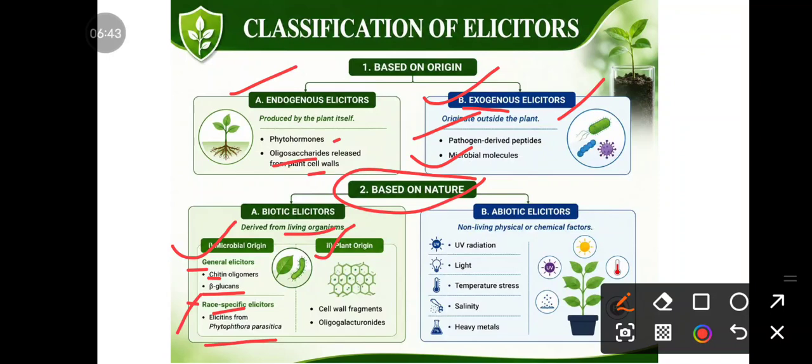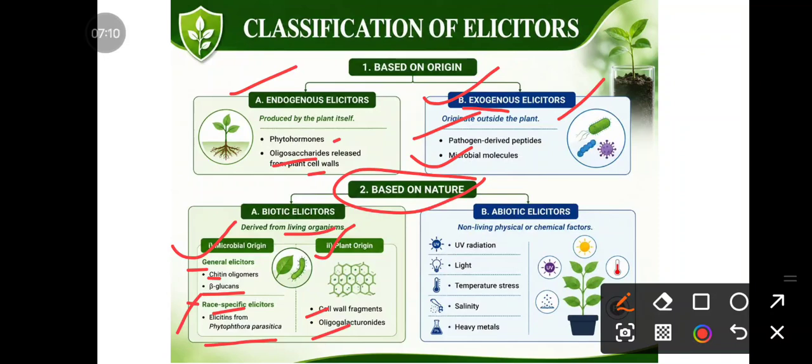Next, the plant origin elicitors. Examples are cellulose fragments and oligogalacturonides. So this is about the biotic elicitor. Then the abiotic elicitors. Abiotic elicitor means of non-living origin. It may be some element or chemical or any non-living physical thing.